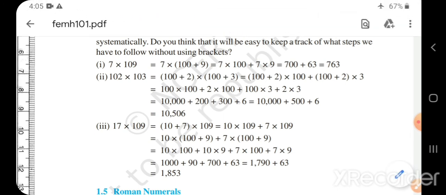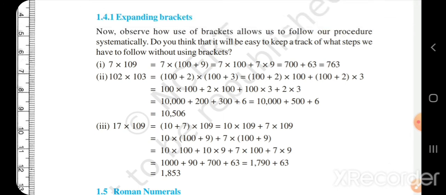Multiply 7 with the first number, then plus, and then multiply 7 by 9. So 7 into 100 is 700, plus 7 nines are 63. So 700 plus 63 is 763.